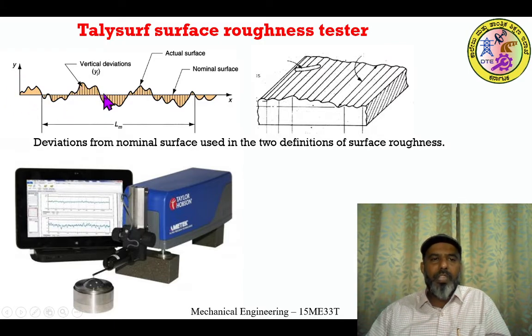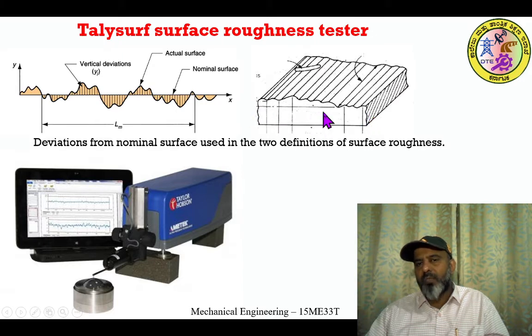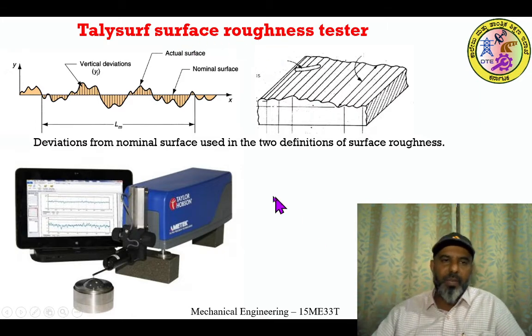These graphs, showing the small peak variations from the nominal surface, represent the surface roughness. And when we cut the surface perpendicular to the surface, the irregularities are shown here. This is the basic about the surface roughness. Now, if you want to define the surface roughness, we are going to define the peak deviations.